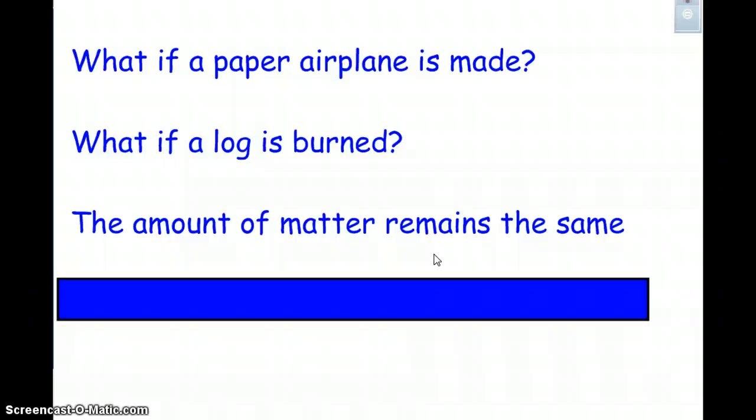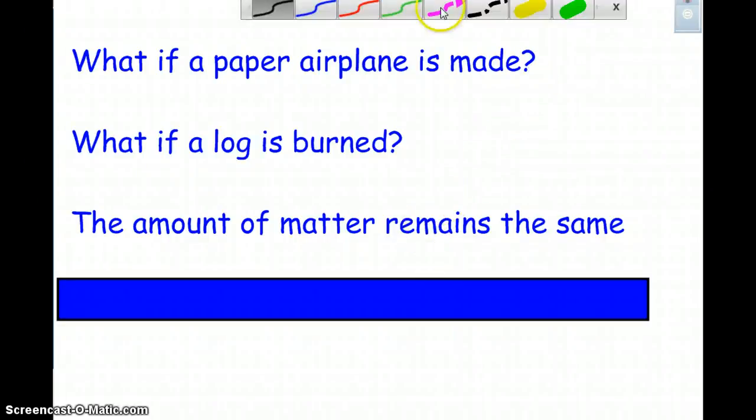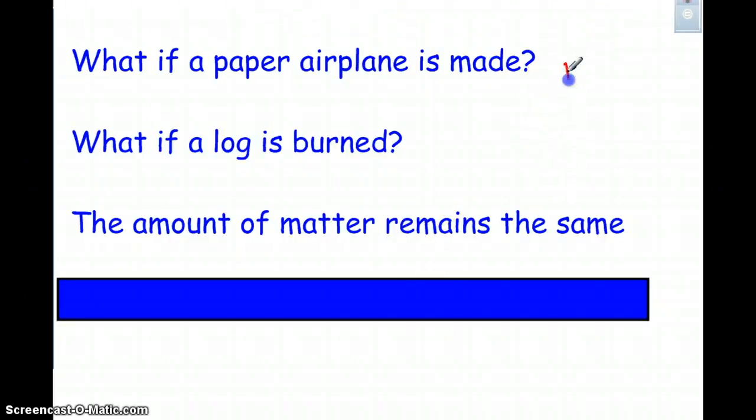So if you were to take all of the gas and all of the smoke and all of the ash that was now made after that log burned, it would still have the same mass. It would still be the same amount of matter. So when you have a physical change, that would be this one, and when you have a chemical change, the amount of matter still remains the same. Okay?